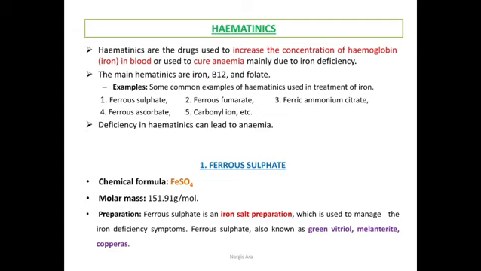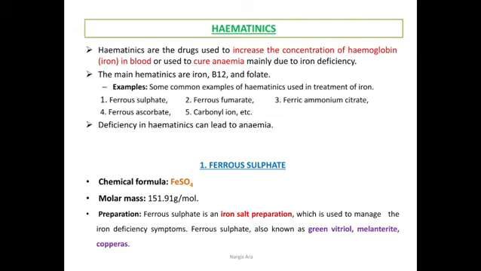Next, hematinics. What are hematinics? Hematinics are the drugs used to increase the concentration of hemoglobin, which contains iron, in blood, and are used to cure anemia mainly due to iron deficiency. The main hematinics are iron, B12 and folate.